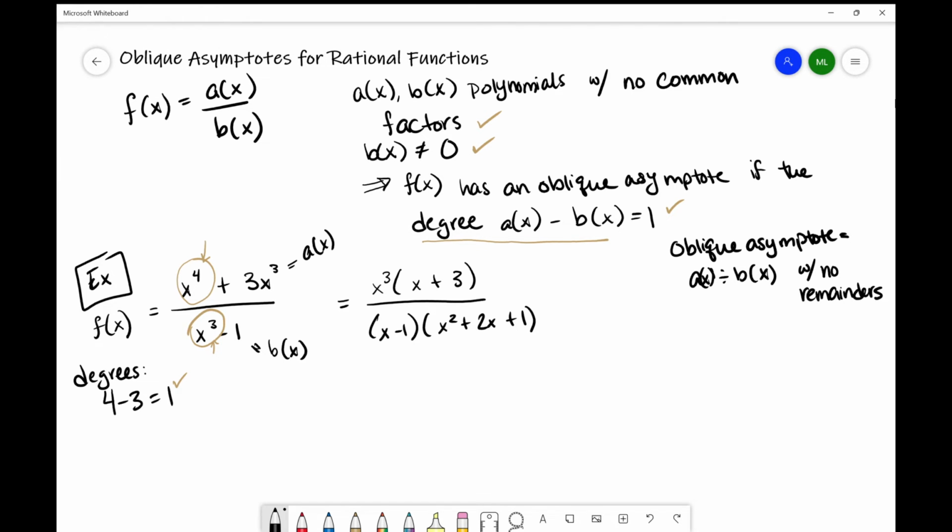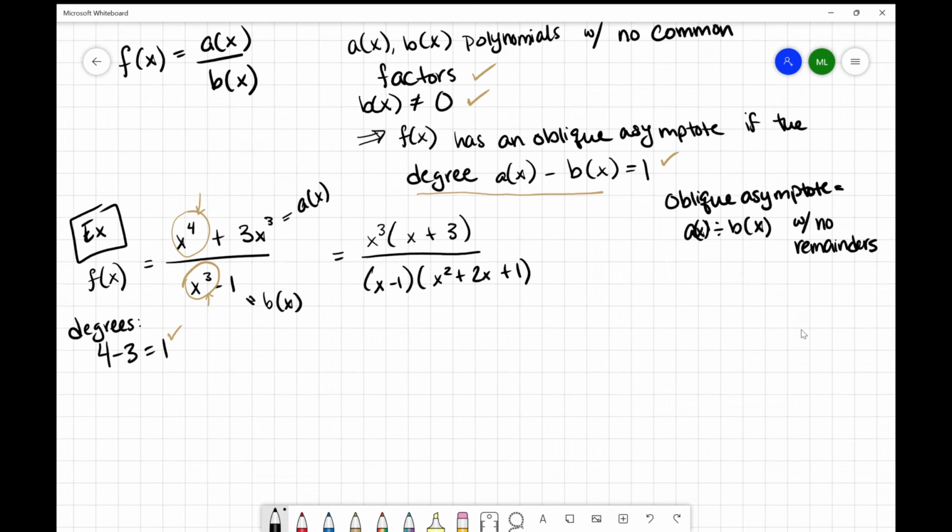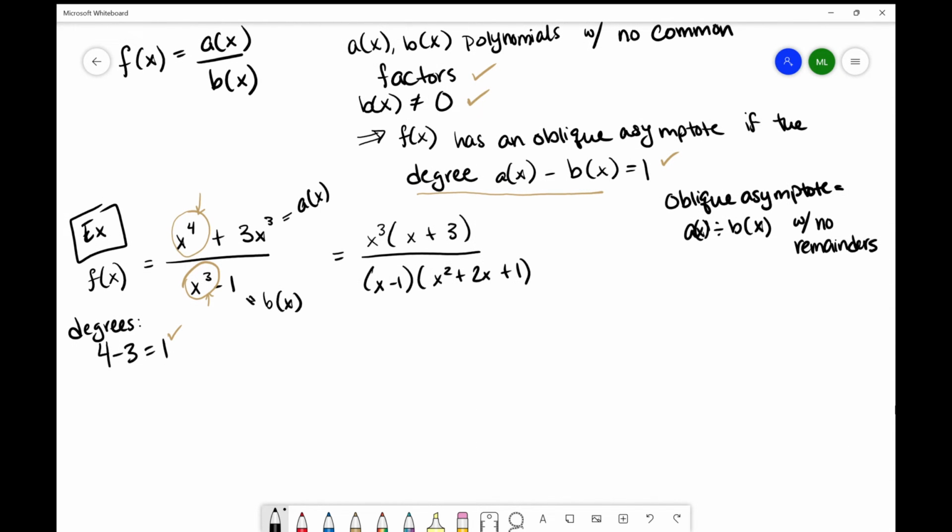So let's go back to our example, a of x divided by b of x. Our a of x was x to the power 4 plus 3x cubed, and then we have x cubed minus 1. Just to give us some space, I'll scooch this down and let's continue working.